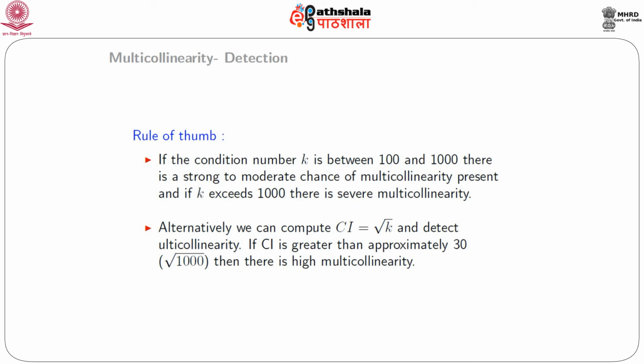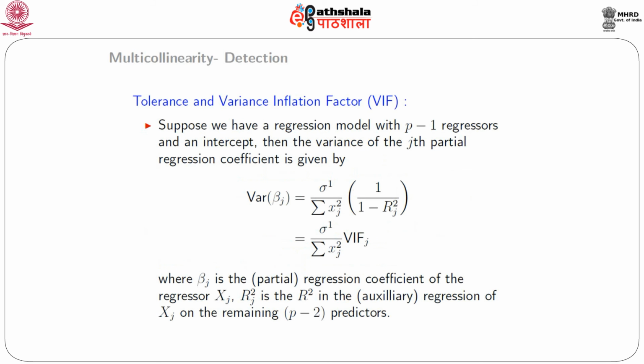Alternatively, we can also compute the condition index, which is the square root of the condition number, and detect multicollinearity. So if the condition index is greater than approximately 30, which is approximately the square root of 1000, then there is high multicollinearity. And finally, we can use tolerance and variance inflation factor to detect multicollinearity.